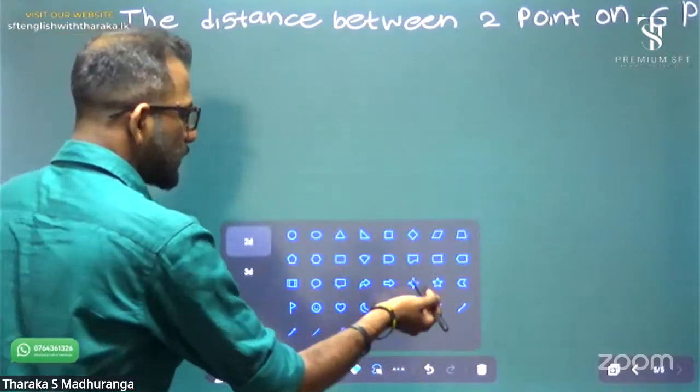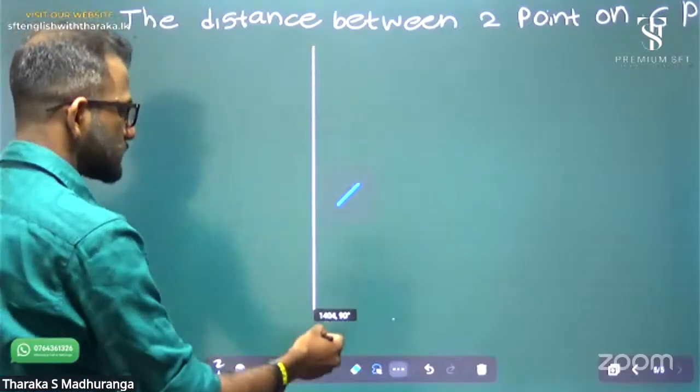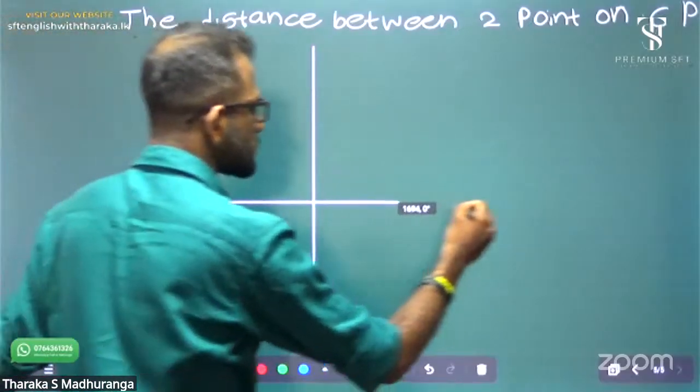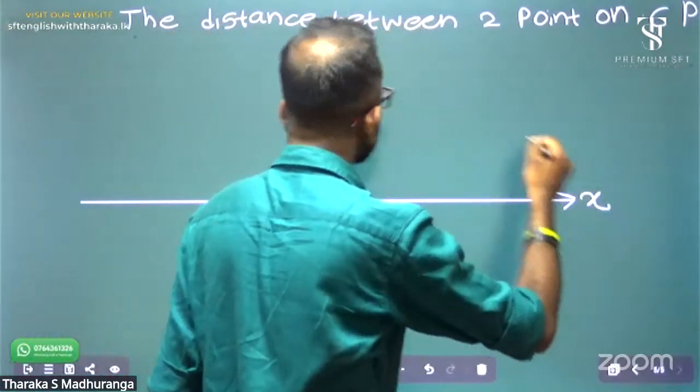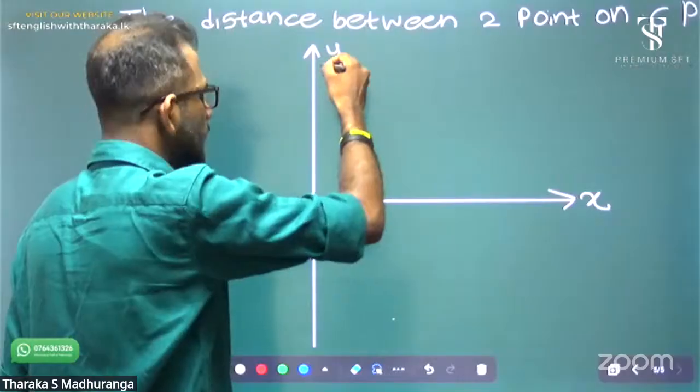Okay, I'll draw a Cartesian plane first. It is the x-axis and y-axis.